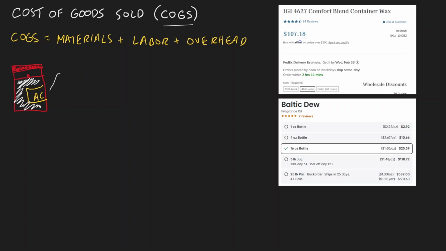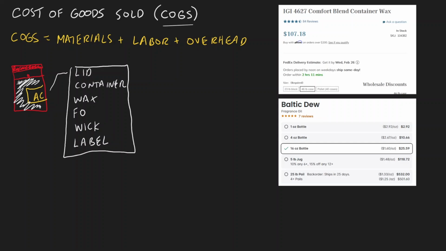Inside of this candle there are several materials, right? There is a lid, there's a container, we have wax, we have fragrance oil, we have a wick, and we have a label. And all of these items need to be calculated separately in order to figure out our material cost.